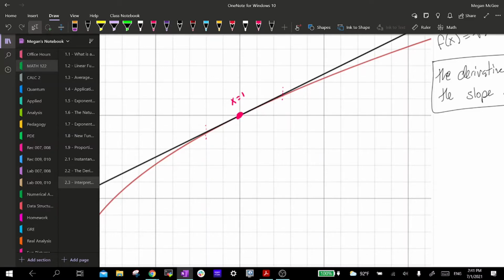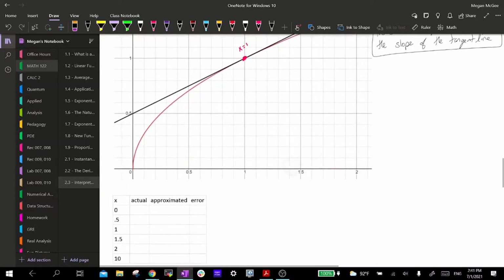So, if we used our tangent line to approximate any values in this range, it would be a really good approximation. But if we start looking out further over here and further, it's not going to be as good an approximation. All right, so let's go ahead and plug in some values and see how this works out.